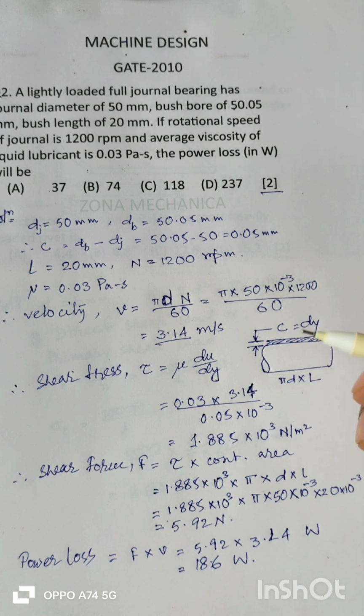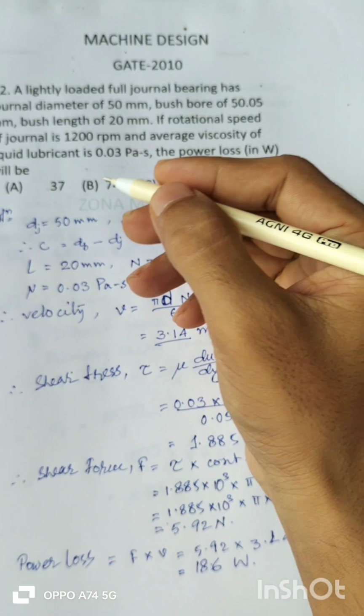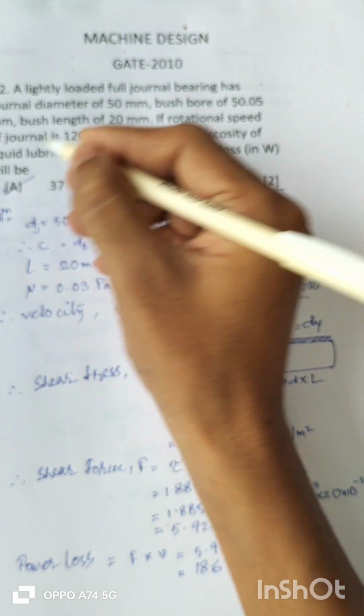But if this is a numerical answer type of question, then there will be a big problem. Your answer may not be right, because the range of the answer is given very close to the right answer. Option A is the right answer.